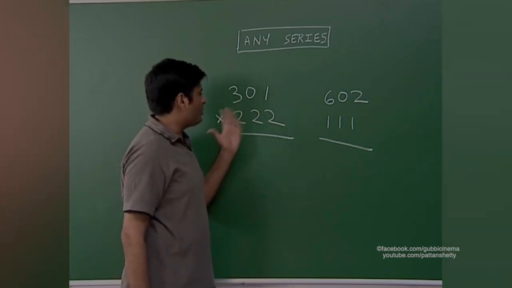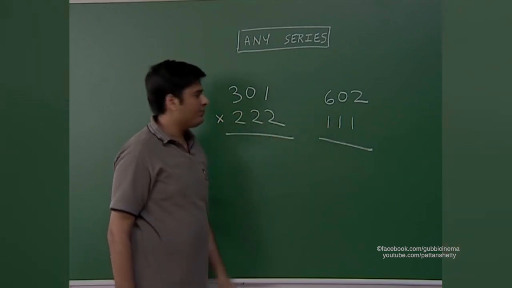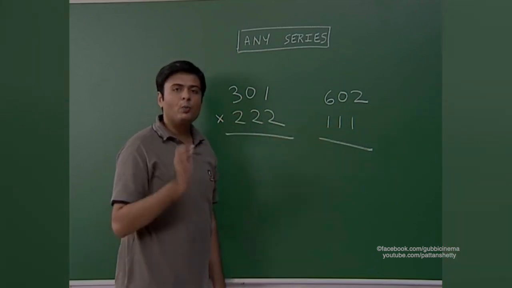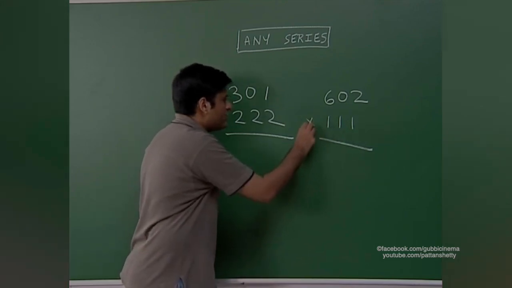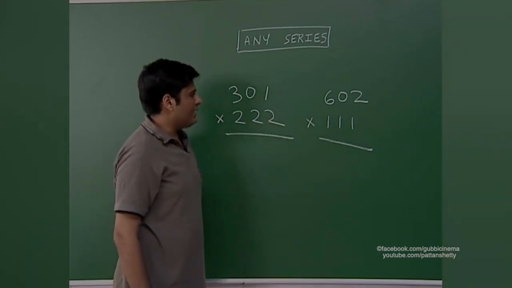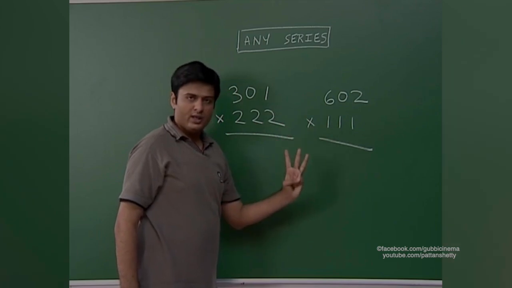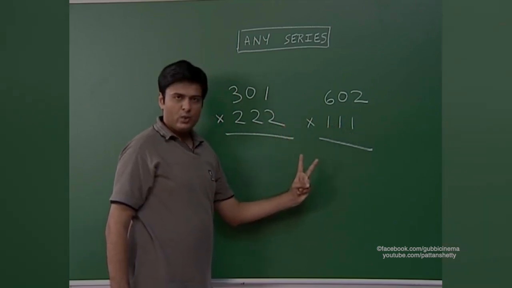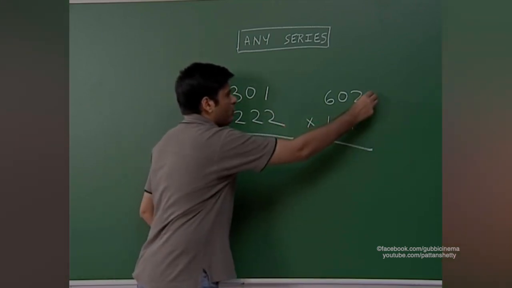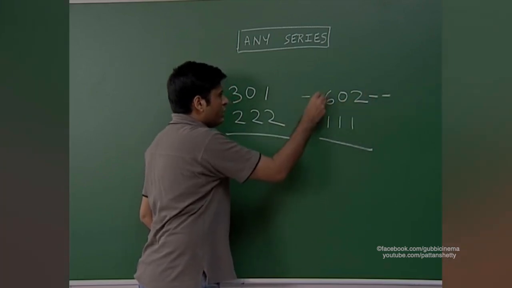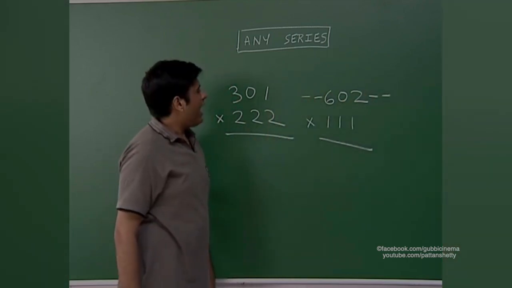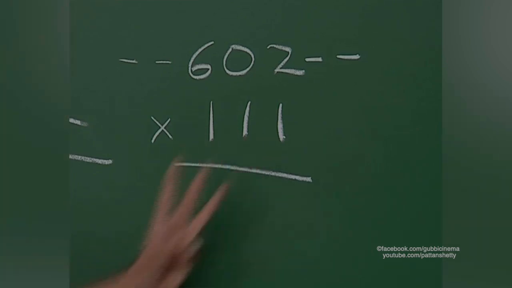So don't worry about this question, let us just do this one, because we already know how to multiply numbers with a series of 1. Let us see the answer. There are 3 ones over here, so from 3 I cut 1, I have 2, I put 2 dashes behind, 2 dashes in the front. And now because there are 3 ones, we will be adding 3 digits at a time.